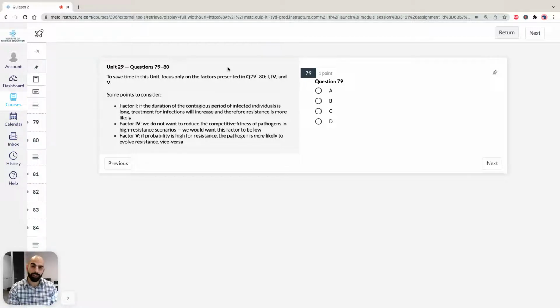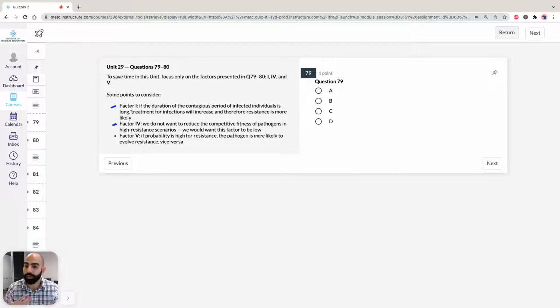So let's take a look at the first question, 79. It says, with all other factors held constant, in which of the following situations is contagiousness most likely to lead to resistance? So we're trying to get resistance here. So let's focus on 1 and 4. For factor 1, it's the duration of contagious period.